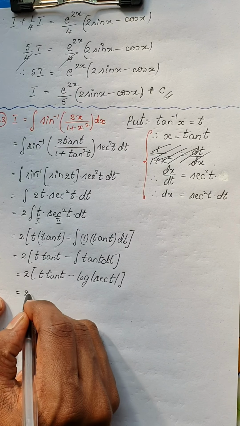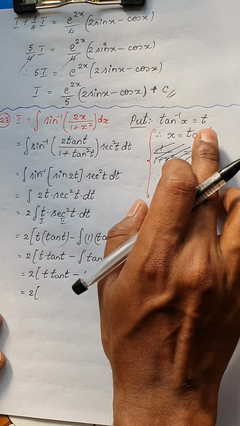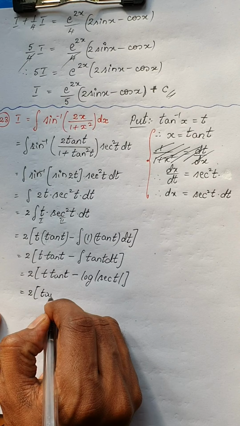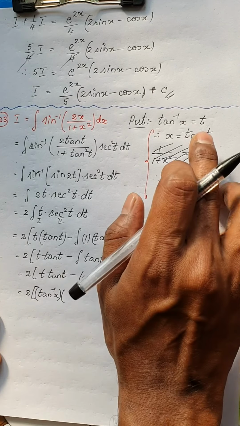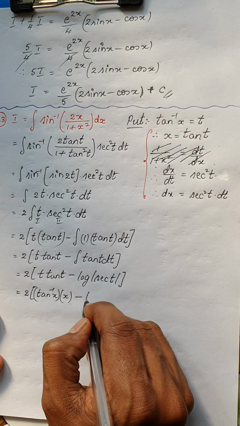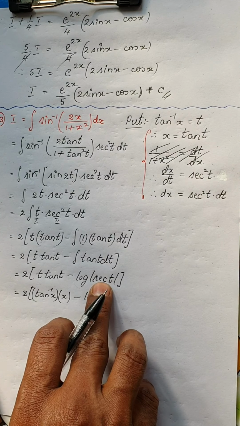See what happens. Let me substitute back for t. This is nothing but 2 into, now what is t? You can look here. t is nothing but tan inverse of x. So this becomes, in place of t, I am using tan inverse of x, into, in place of tan t, I am using x. Minus log of mod, now I want secant t.